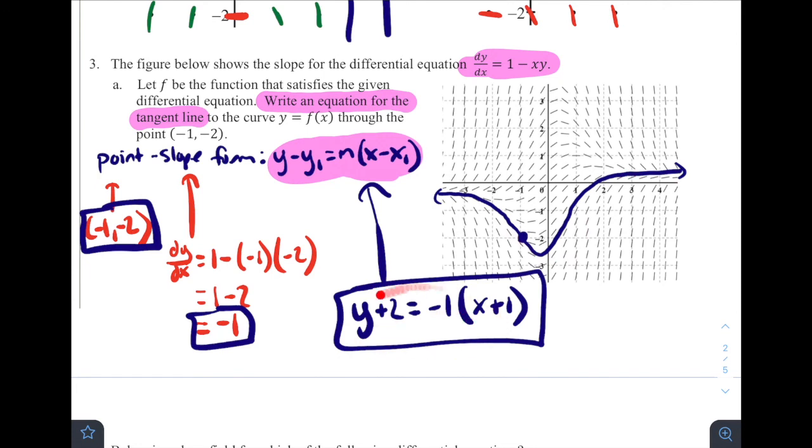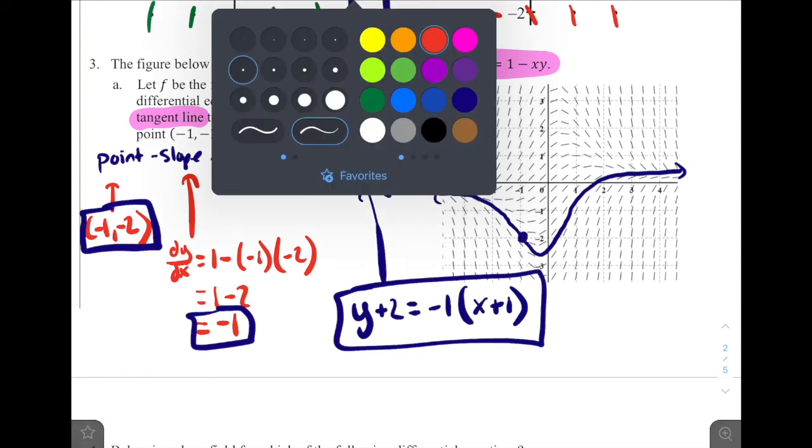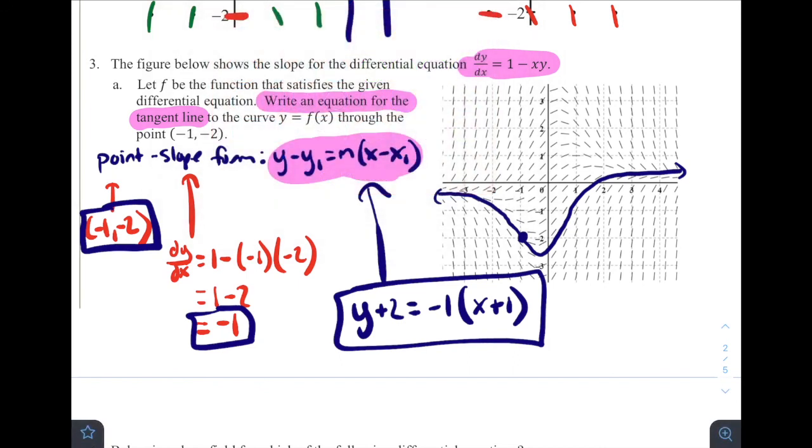I'm going to take this a little bit further. I wouldn't normally need to do this in a problem, but I want to illustrate what we're doing. This is the tangent line for the function at (-1, -2), which is this point right here. If I go back to my Algebra 1 skills and get y by itself, y plus 2 equals, if we distribute, -1x minus 1.